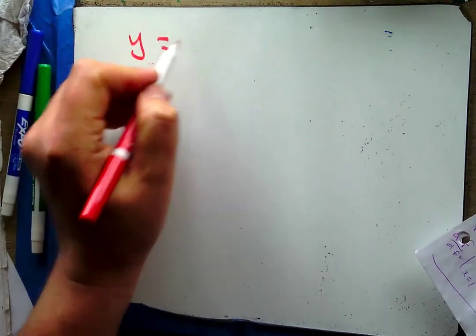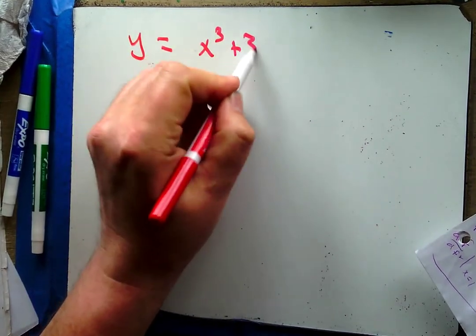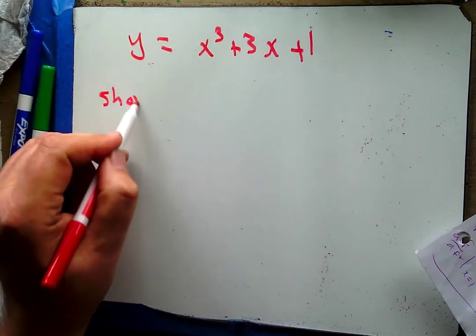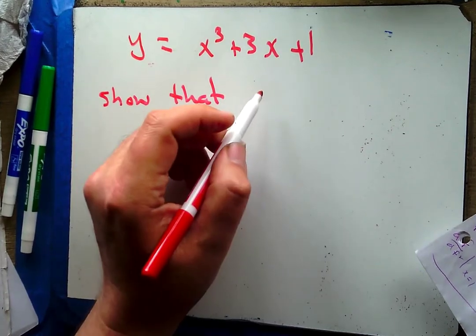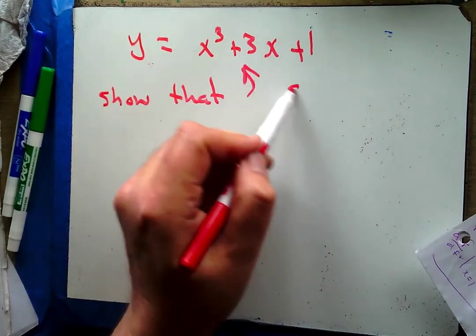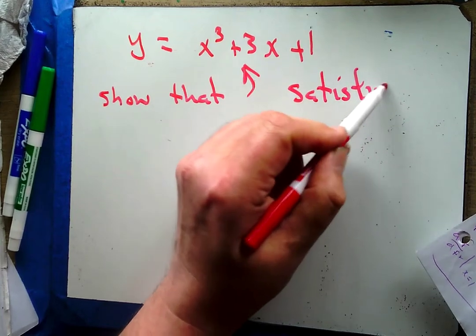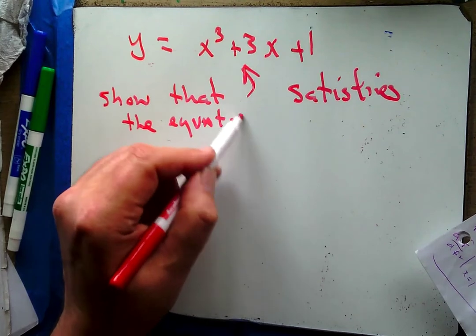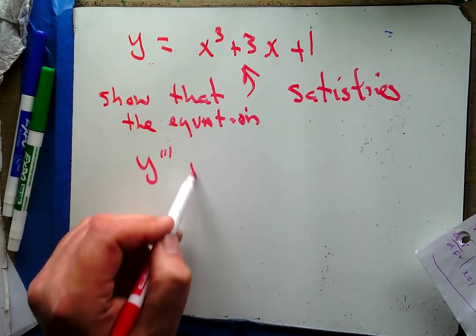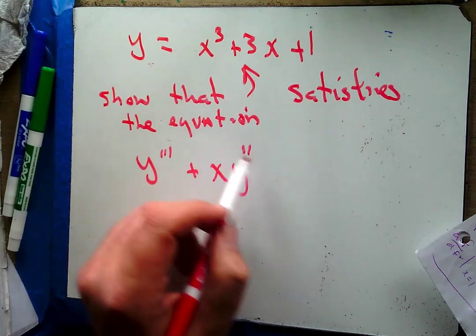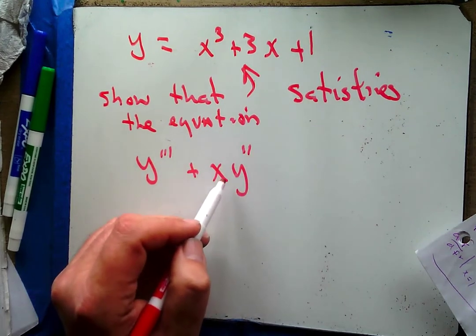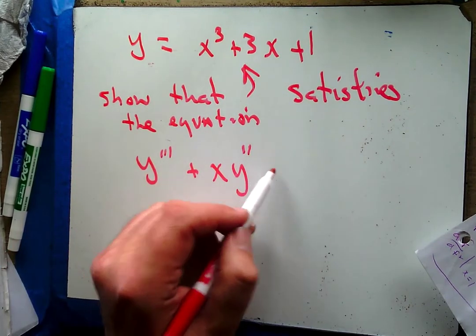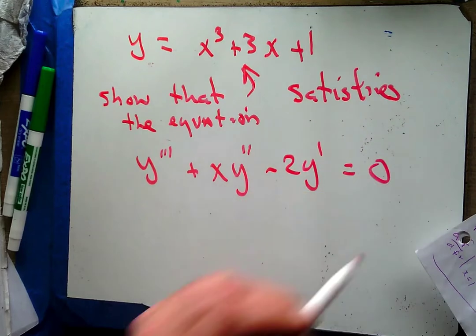All right, so here I'm going to give you y equals x to the third plus 3x plus 1, and then I'm going to ask you this question. Show that this y satisfies the equation y triple prime plus x times y double prime minus 2y prime equals 0.